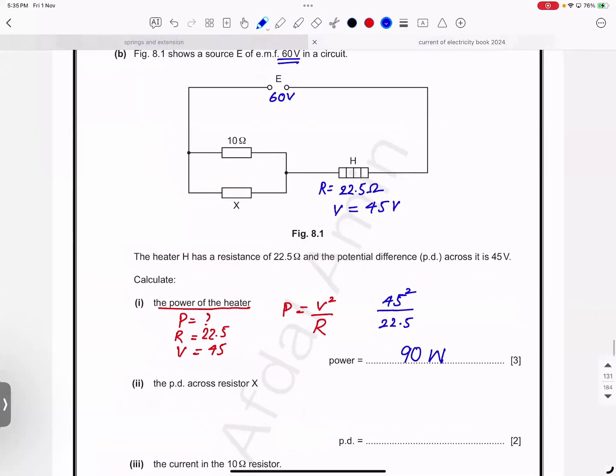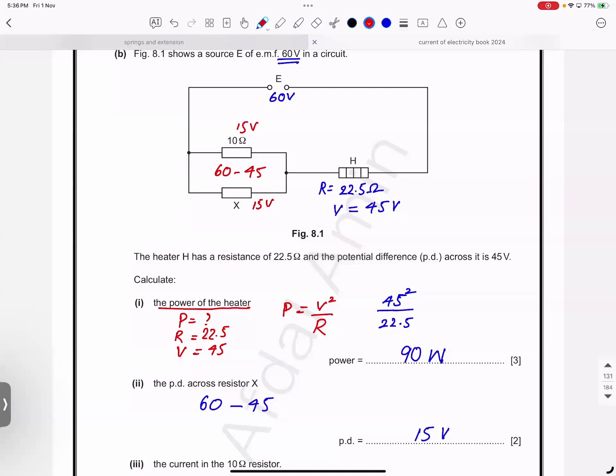PD across X, this is easy. Total voltage is how much? Minus heater is 45. My dear, in series the voltage is distributed. So if total was 60, this is 60 minus 45. Both get 15 volt, 15 volt. Total EMF is 60. So if H got 45, remaining is 15, which is for the parallel.